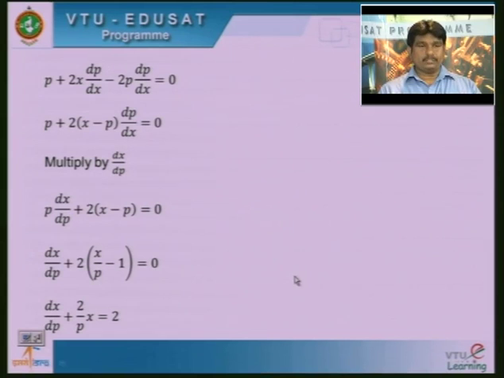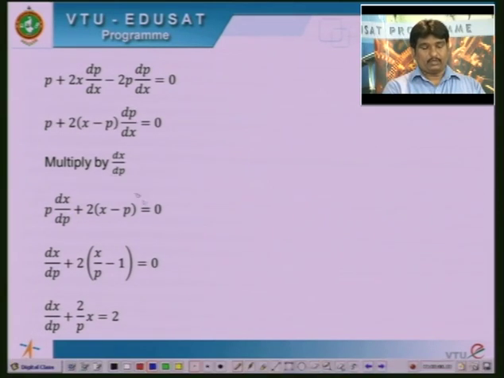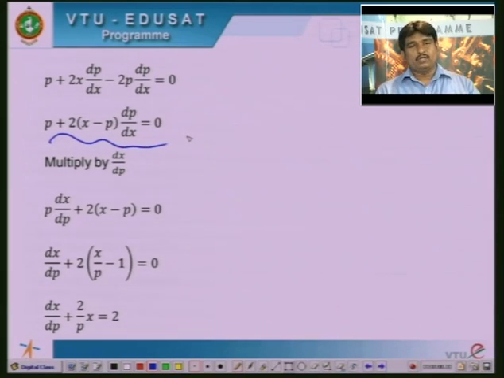After simplifications, you get p plus 2 into x minus p into dp by dx equals to 0. Multiply by dx by dp to transform this into a standard form, because it's not easy to separate the variables here. I'll try to convert this into Leibniz form. So to do that, I am multiplying throughout by dx by dp.